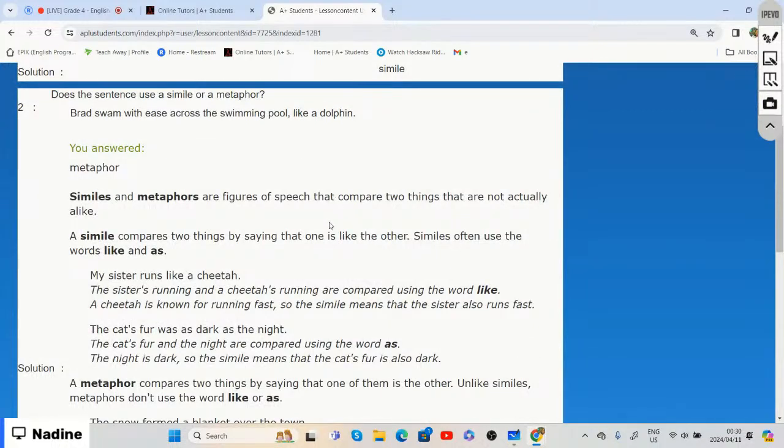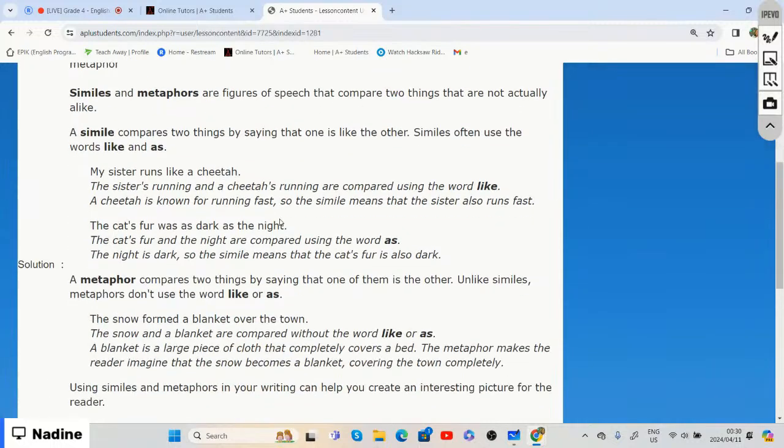A simile compares two things by saying that one is like the other, and we often use words like "like" and "as".